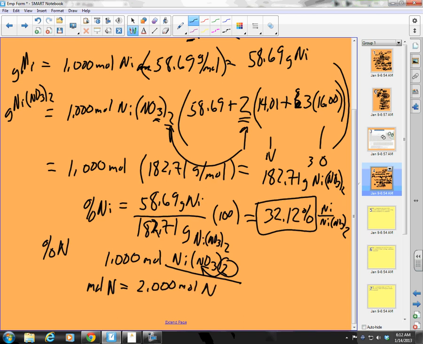So we'd have to work from the 2.00 moles. Everyone follow that? How many moles of oxygen do I have in 1 mole of nickel 2 nitrate? Well, I have 3 in my nitrate, and I have 2 nitrates, so I'd have 6 moles of oxygen. Just to remind us all how to do this. Got it? All right. I think it's good enough for now.